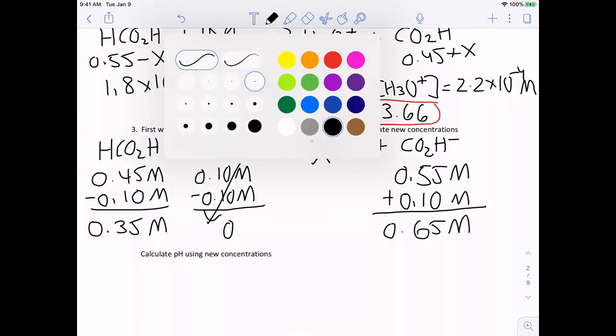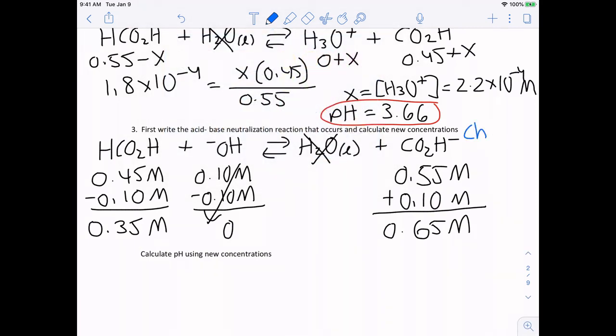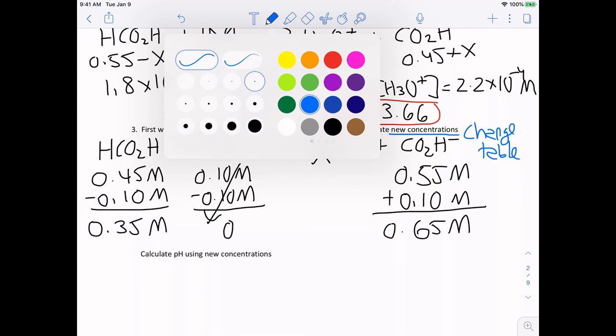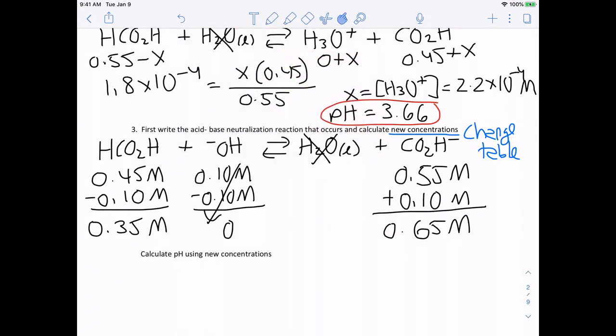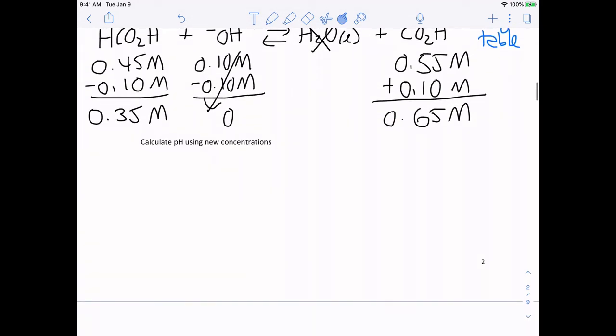So again, this was my change table, and that gave us our new concentrations. We're now going to calculate our pH using those new concentrations, doing the whole ice table thing again. This one first.